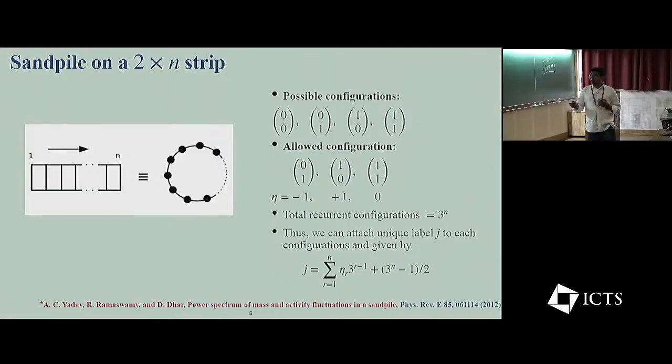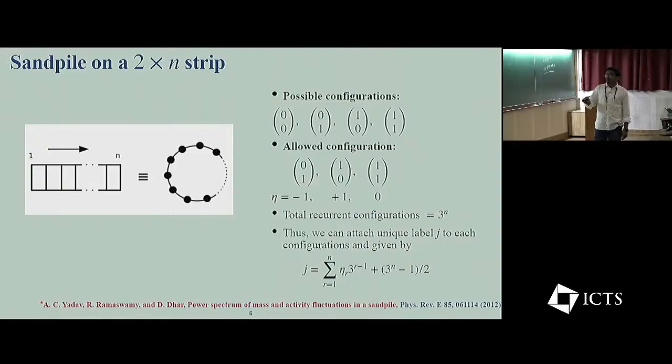This is a ladder-type configuration, where there are 4 possible configurations, but out of these 4, only 3 are allowed after some transient time. So the total number of recurrent configurations is 3 to the power n.